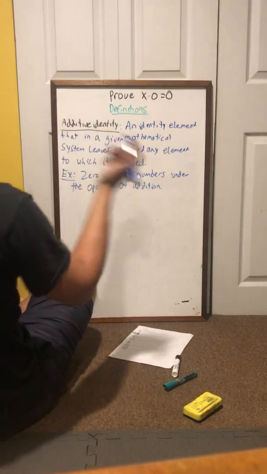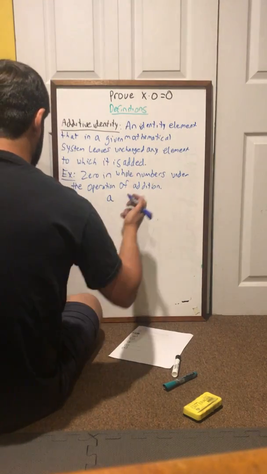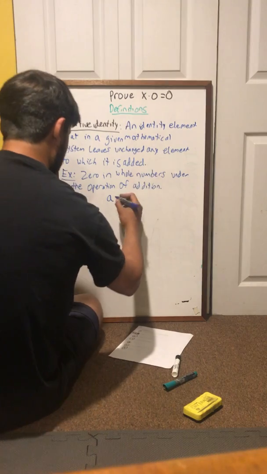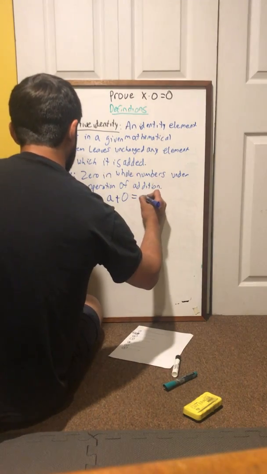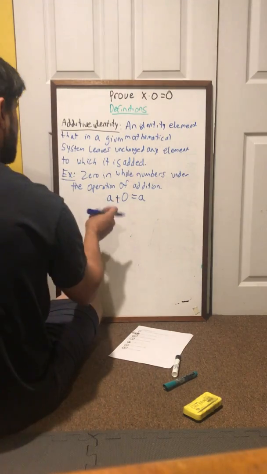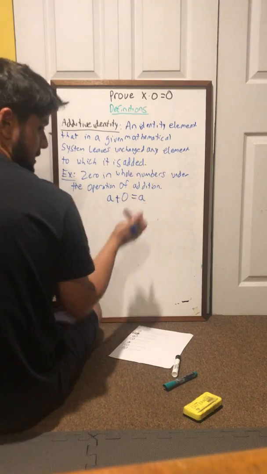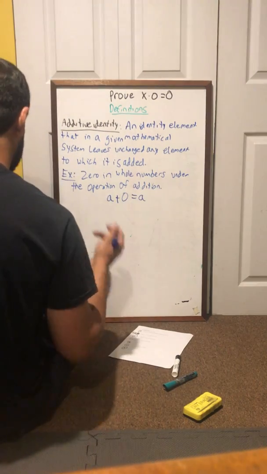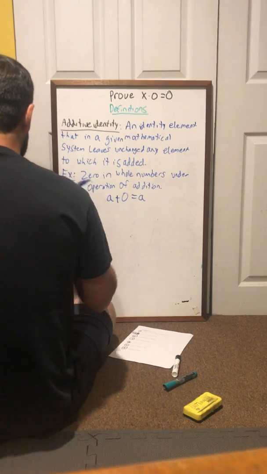So let's use a whole number a, okay? Then under the operation of addition, a plus 0 equals a, okay? An additive identity there. So any whole number that I plug in for a, plus 0 will still equal a, okay? So on to the next property here.